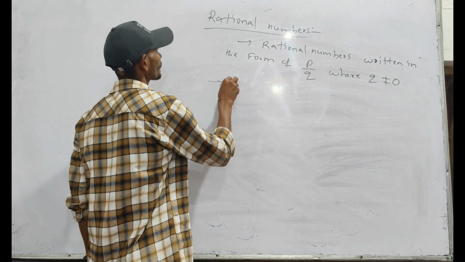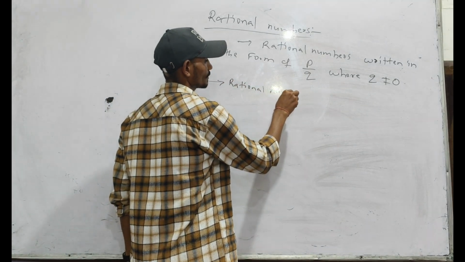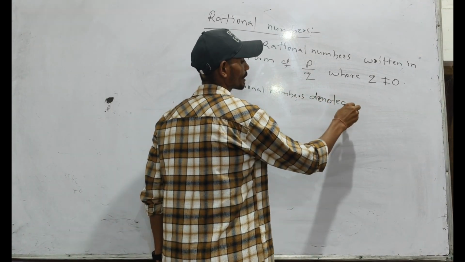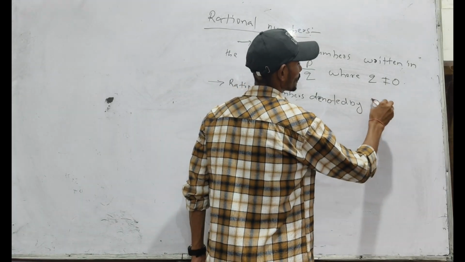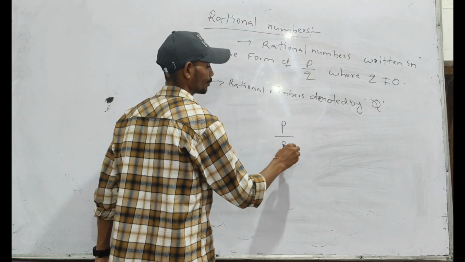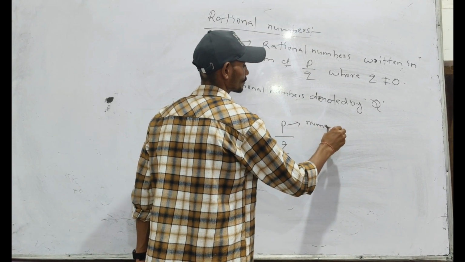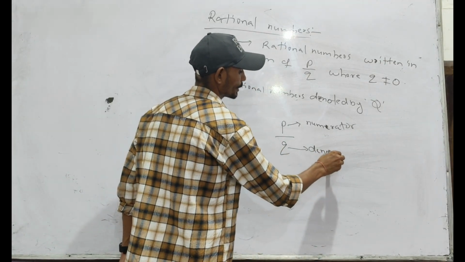Next, rational numbers are denoted by capital Q. In P by Q, P is the numerator and Q is the denominator.